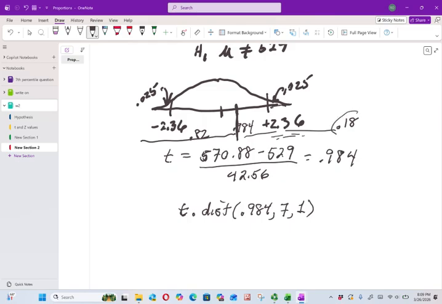The 0.18 is called the p-value. It's where it really is in that tail. And the 0.18 is much greater than 0.025, so that we are not in the rejection region.